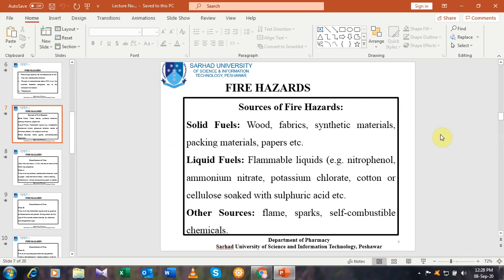For cotton or cellulose mixed with sulfuric acid, there is a chance of fire hazard. And there are chemicals, solid fuels and liquid fuels. Apart from that, other sources include flame or self-combustible chemicals.